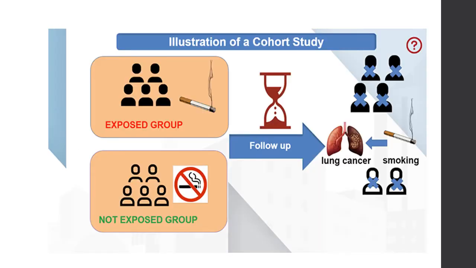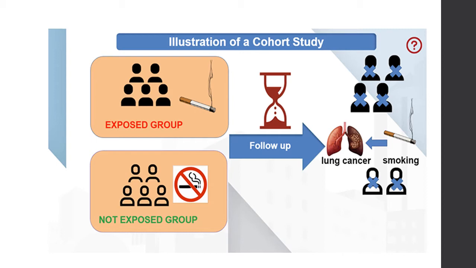Let's look at this slide here, which also gives us a better visualization of the cohort study design. If you can look at this, it's a diagram. It shows two groups here. The exposed group are smokers and the unexposed group are non-smokers. Then we followed them up in time, and our outcome of interest was lung cancer. How many of those who were smokers developed lung cancer during the follow-up period among the exposed group, and how many also developed lung cancer among the unexposed group?